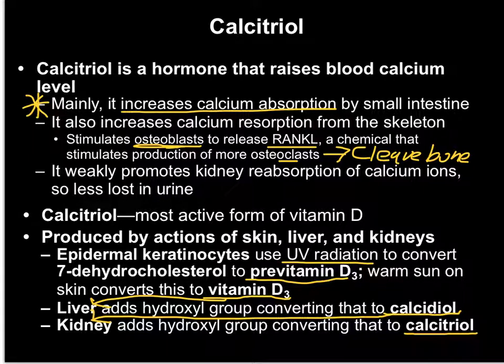Calcitriol is also going to promote kidney reabsorption of calcium ions, so it will reduce the amount of calcium that you lose in the urine, helping you to support blood calcium levels. Those are both effects that parathyroid hormone also has. You don't specifically need calcitriol to do those things, though it helps. What you need calcitriol to do is calcium absorption in the small intestine, because parathyroid hormone on its own cannot do that.